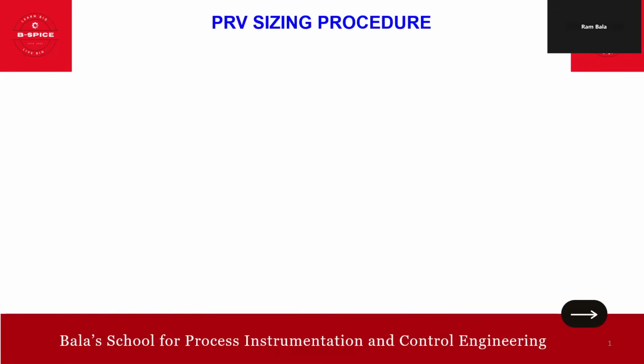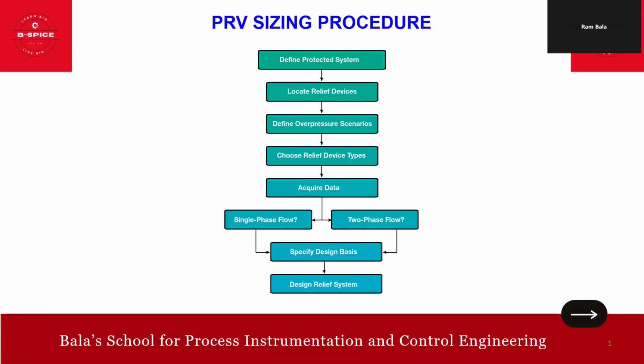In this session, we'll continue with the PRV sizing procedure. Sizing procedure, in the sense of how to define the protected system, how to locate the relief devices, how to define the overpressure scenarios, how to choose the relief device type, and also acquiring the data.